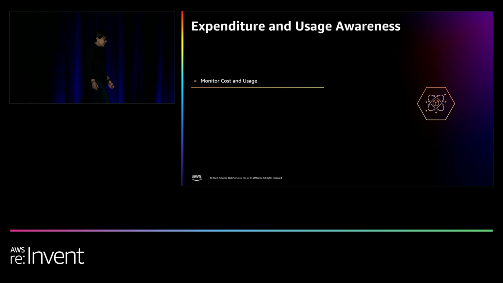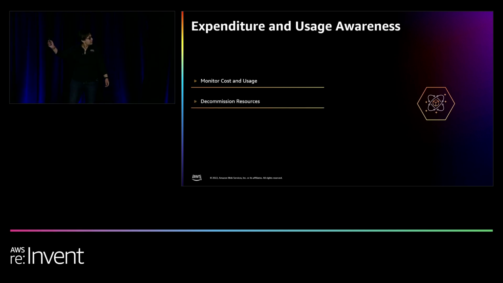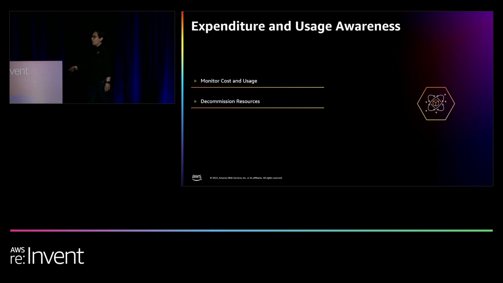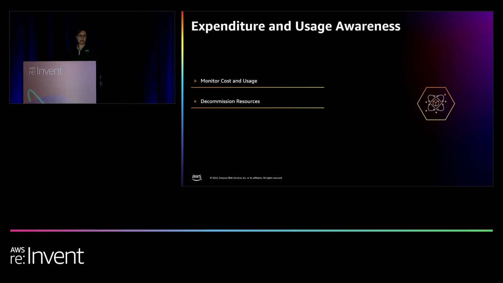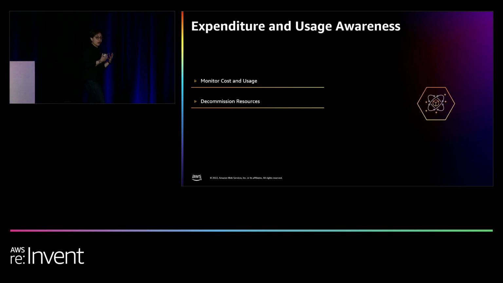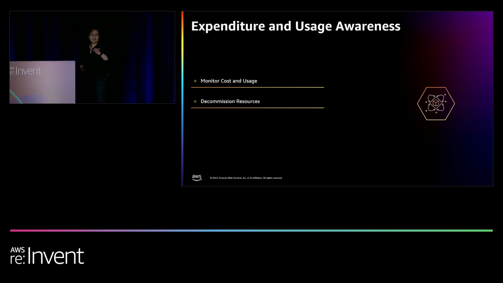The second point is you've got to decommission unused resources. If you design your workload to do an automated decommissioning of resources, you're already reducing the workload cost over its lifetime. And the way to do this, you've got to create a standardized process to decommission these resources.